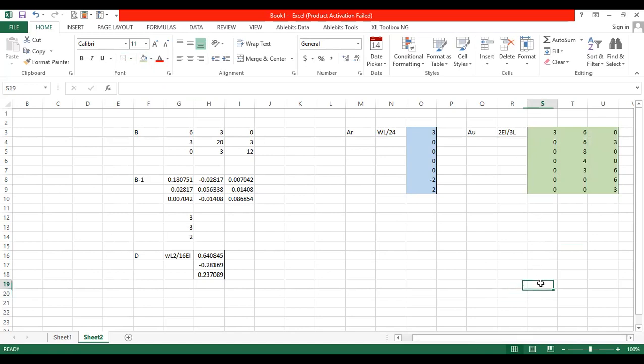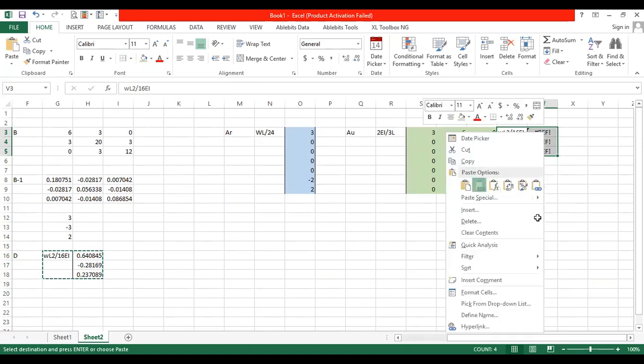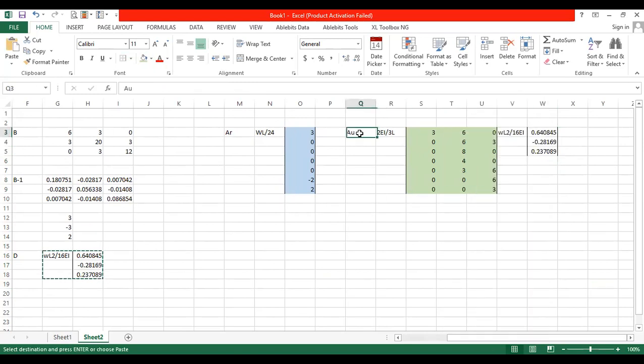So my D matrix is this. I need to multiply this by this, right?